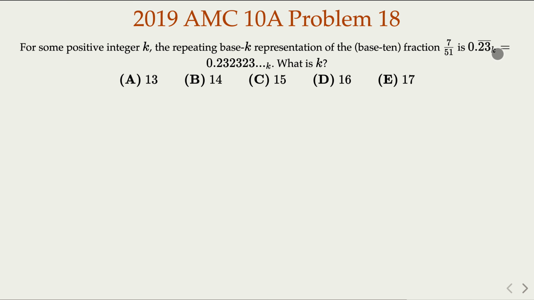But in the base k, when you move a decimal digit to 2 places, is equivalent to multiply this number by k squared. Okay, so if I have a number x, if I shift the decimal point by 2 positions, I'm making the number bigger by k squared. K is going to be your base. So in base 10 is equivalent to multiply 100 of it. In base 5 is going to be 25 of it, right?